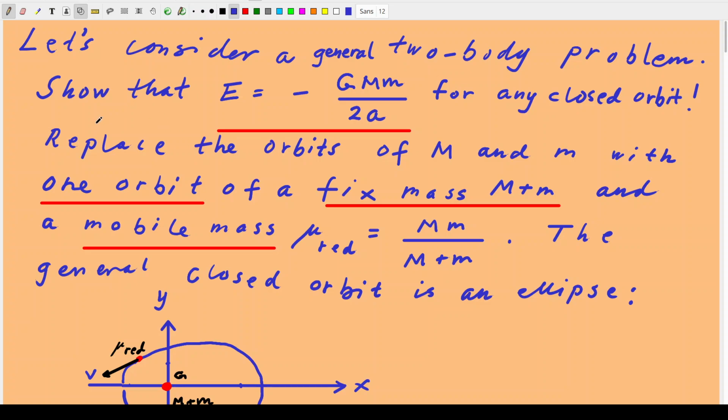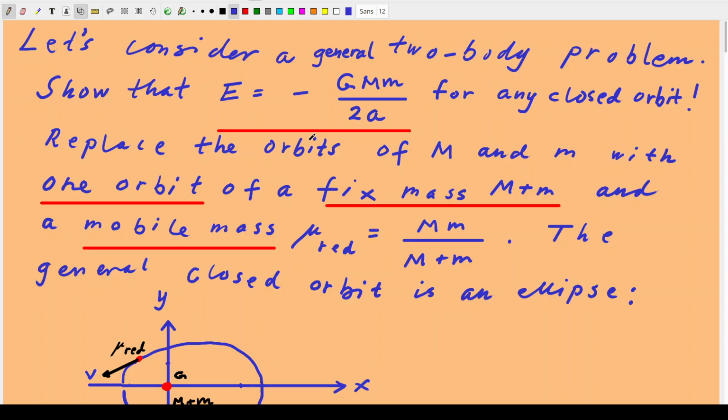So in order to solve this problem, we don't want to treat both of the planets or particles individually. We want to replace the two-body problem with a one-body problem.